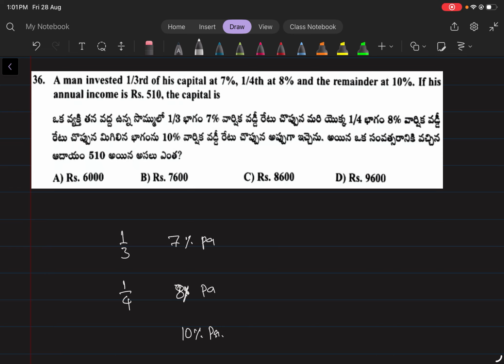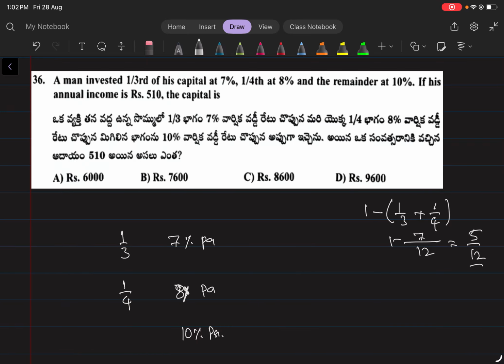So 1/3 and 1/4 is gone. So remainder is how much? You can calculate this. Total is 1. From this, 1/3 and 1/4 is gone. So remaining is, this is nothing but LCM. If you do it, 4 plus 3 is 7, so 1 minus 7/12 is 12 minus 7, which is 5/12.